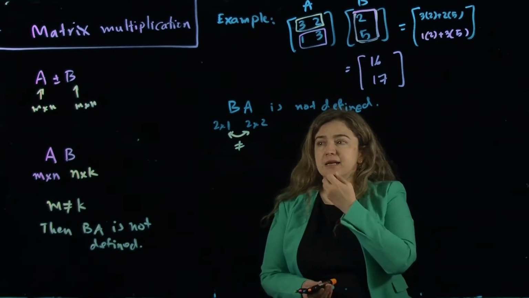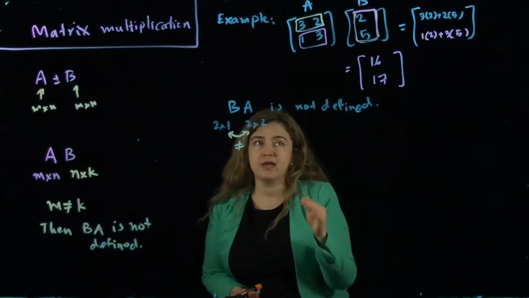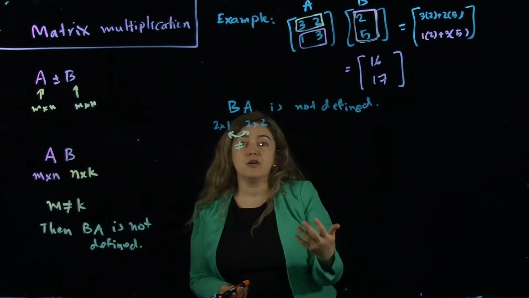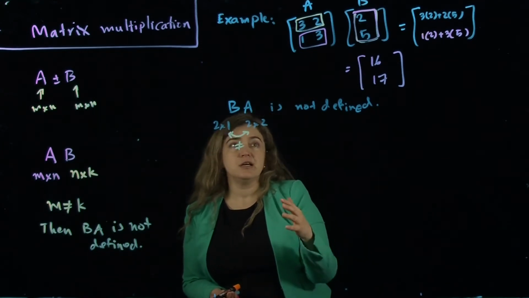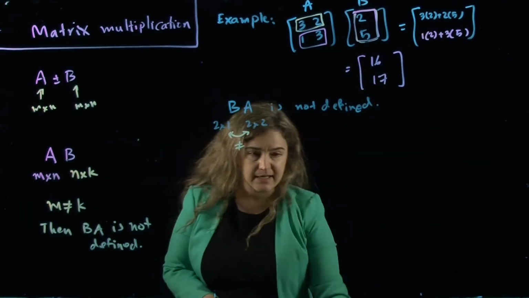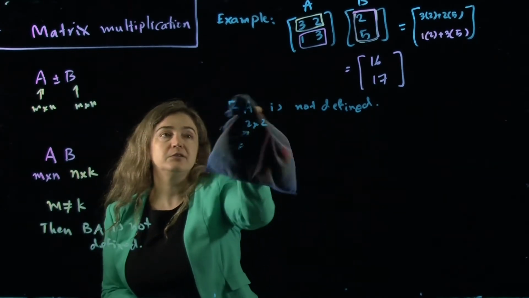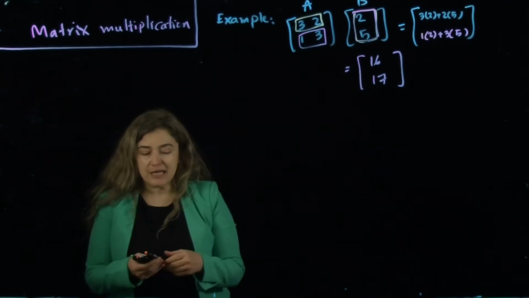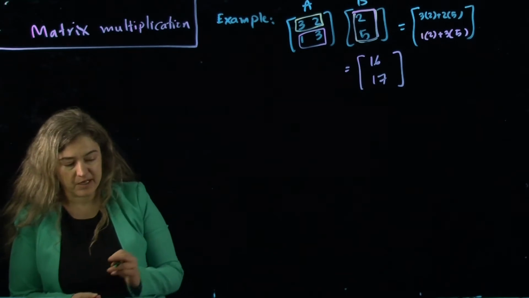The next thing I want to do is give a larger example of matrix multiplication. This was a beginner example. Now we make it a little larger. So let's write another matrix.